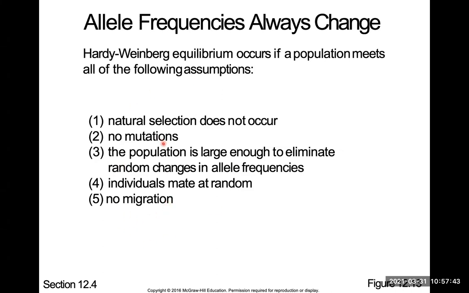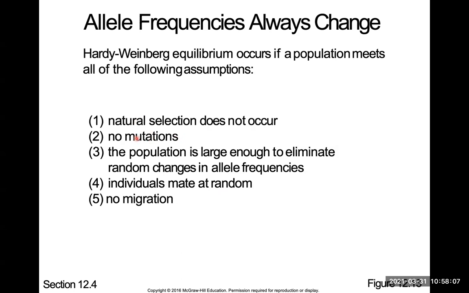Maybe there might be one plant population that might follow all these. But mutations happen because mutations are random, or sometimes there's migration. Individuals, maybe for plants, are mating at random, but not for humans, or maybe not even some animals. So this doesn't always happen.